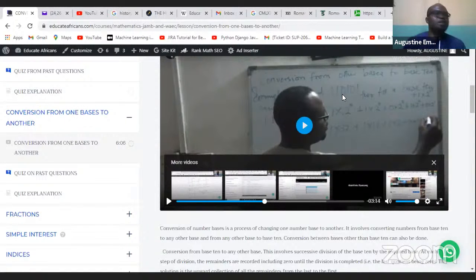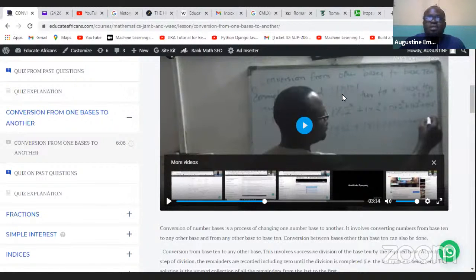Then, if you're given addition, make sure that you always convert the numbers you're supposed to add to base 10 first, then add them and reconvert back to the base that you're given.